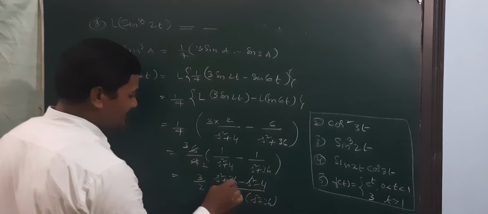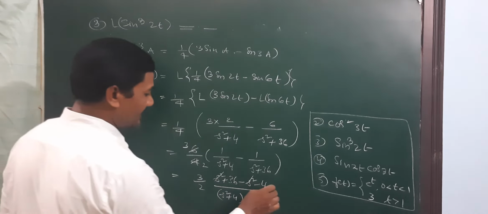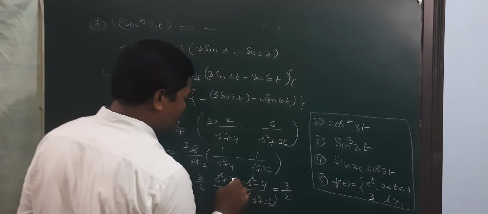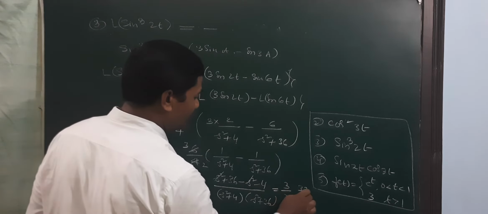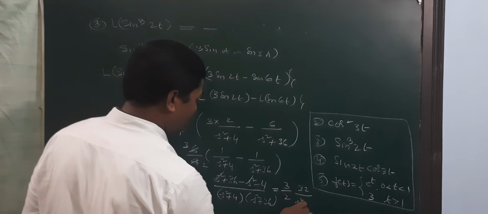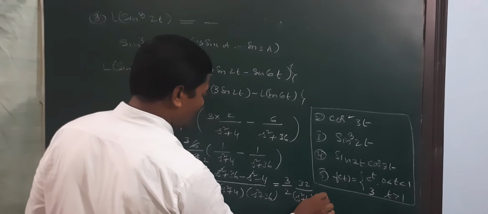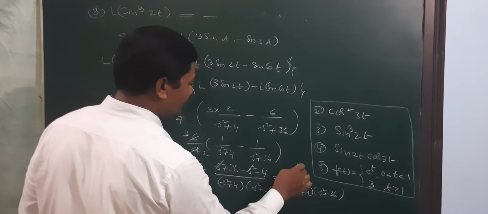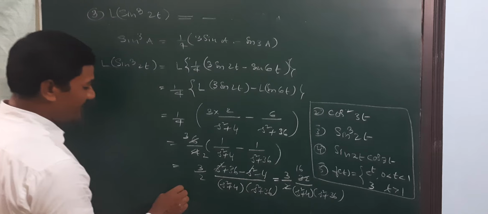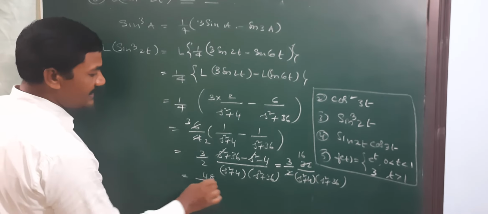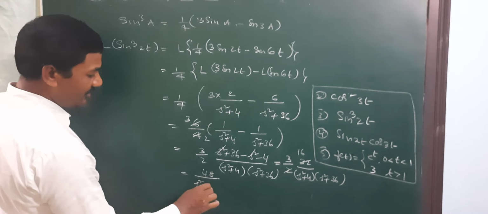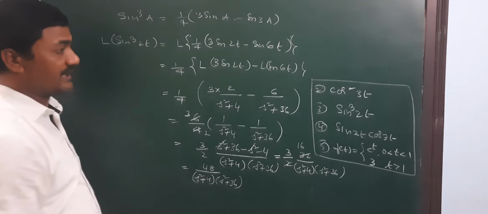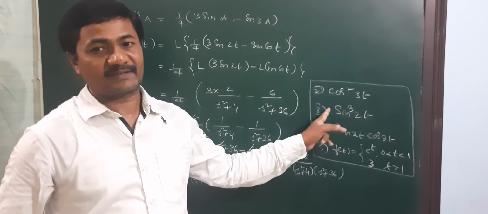So s square cancels, and 36 minus 4 is 32, so 3 by 2 into 32 by s square plus 4 into s square plus 36. Cancelling gives 16, and 16 times 3 is 48. The final value is 48 by s square plus 4 into s square plus 36. This is the answer for question number 3.